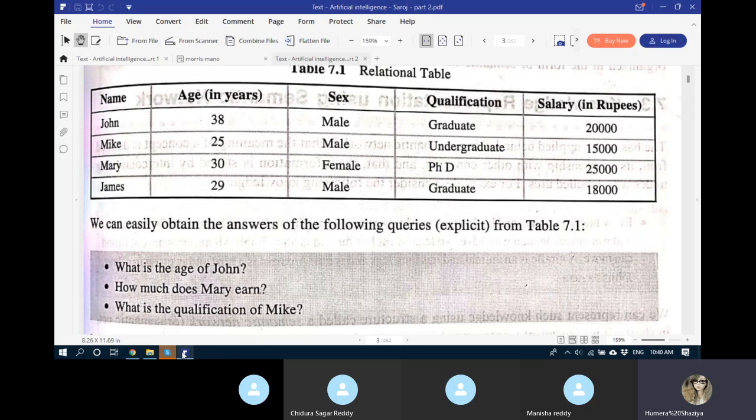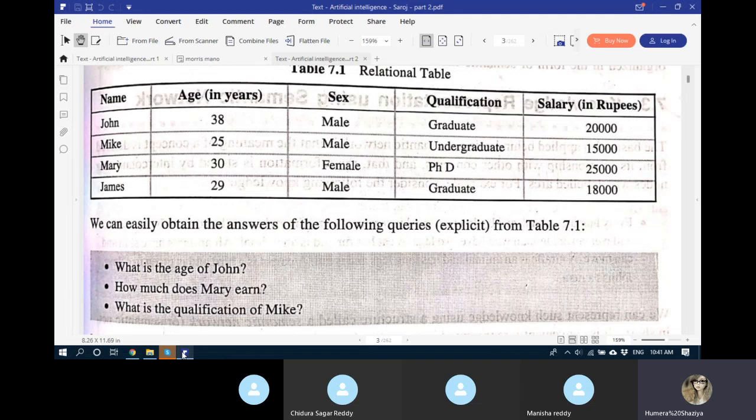For instance, what is the age of John? You can find out the age of John. How can you find out the age of John? Select age from table name where name is equal to John.